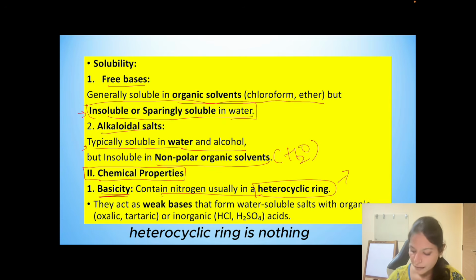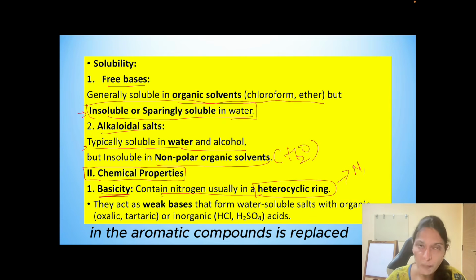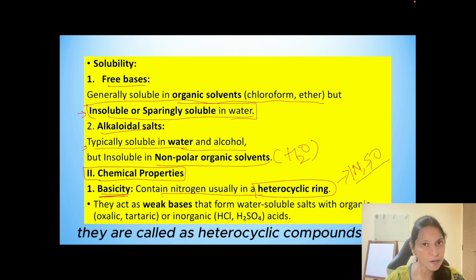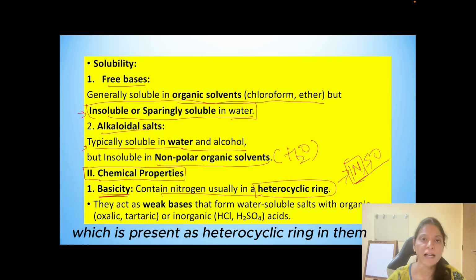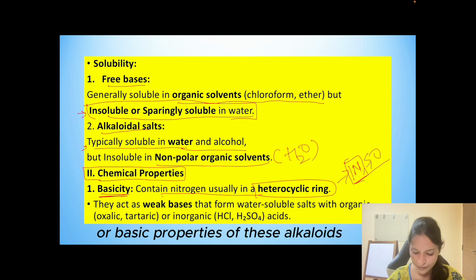A heterocyclic ring is nothing but a ring where one of the carbons in the aromatic compound is replaced by nitrogen, sulfur or oxygen; these are called heterocyclic compounds. So here it is the nitrogen present in the heterocyclic ring that exhibits the alkali-like or basic properties of these alkaloids.